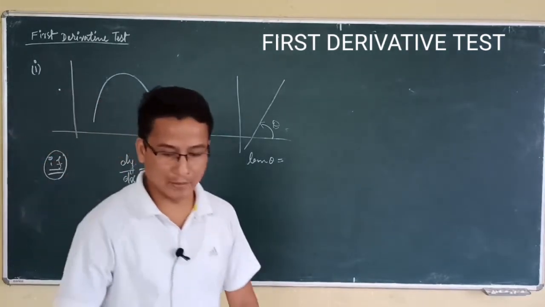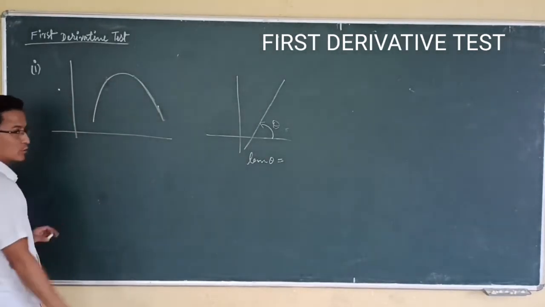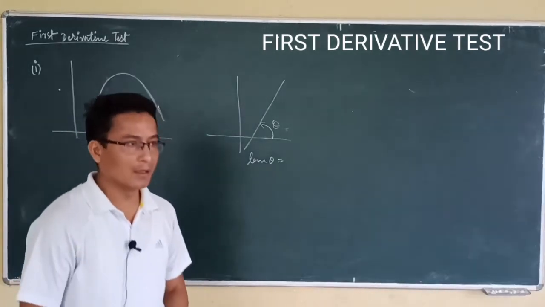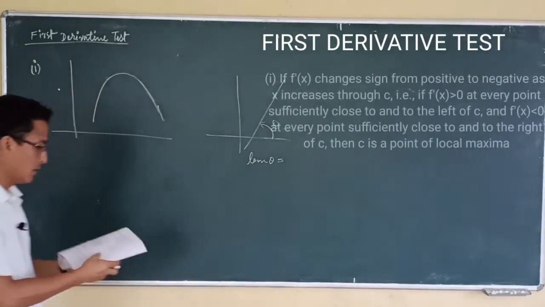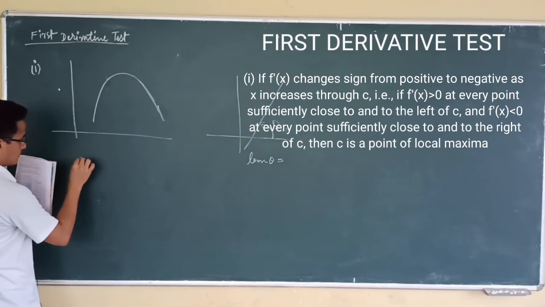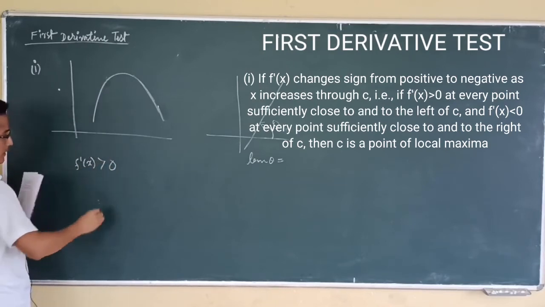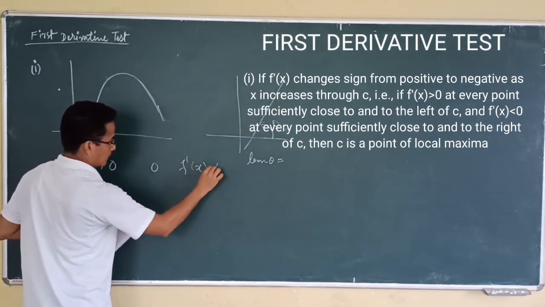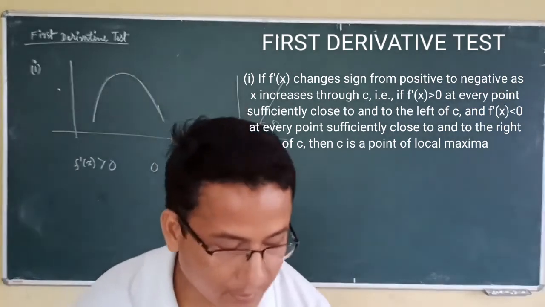So when the slope travels from positive to negative, then we will get the maximum value of a function or local maximum value. If f dash x is greater than 0 and then f dash x less than 0, then you will get the maximum value.